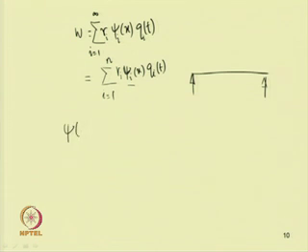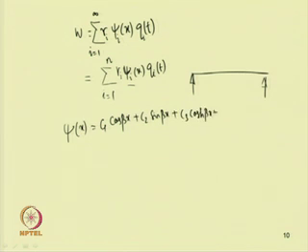So, one can write psi x equal to C1 cos beta x plus C2 sin beta x plus C3 cosh beta x plus C4 sinh beta x, and now apply the boundary conditions to get psi x. Here one can get the characteristic constant beta also from the frequency equation, and by applying the boundary conditions one can find psi x. That will give the eigenfunction.